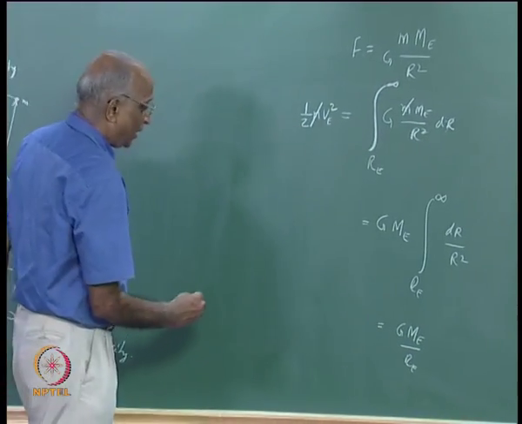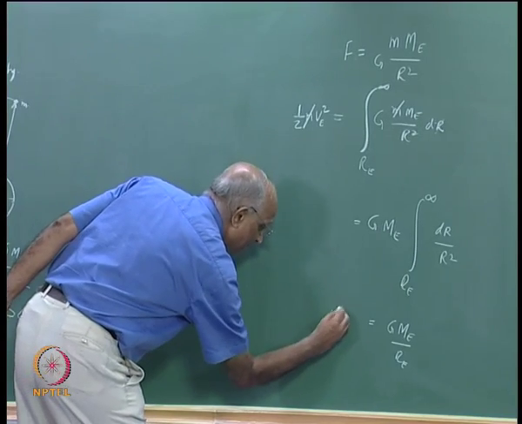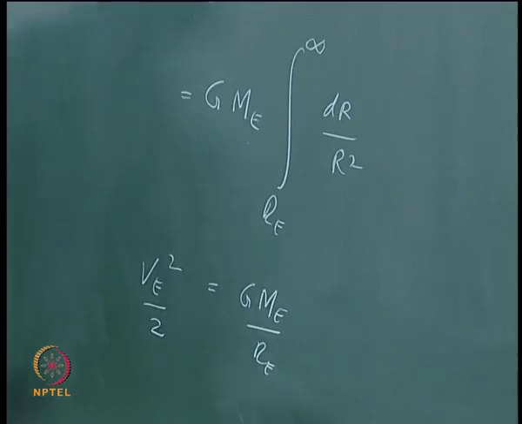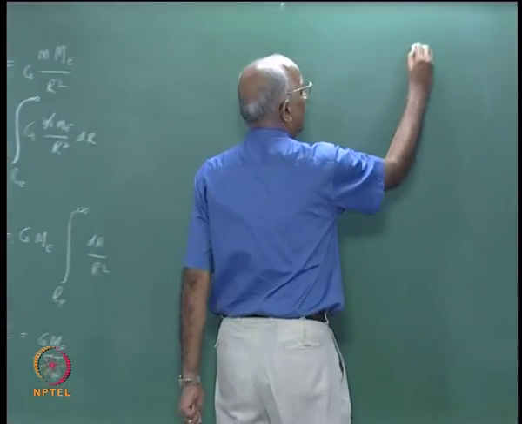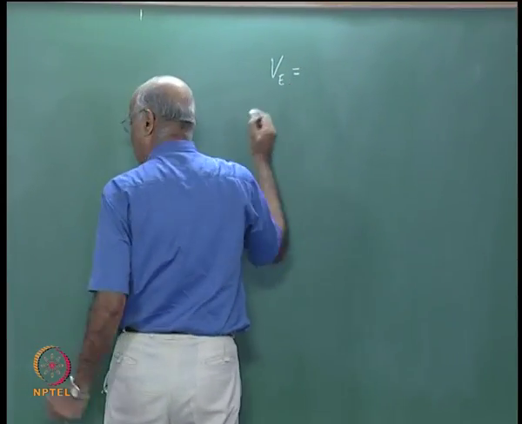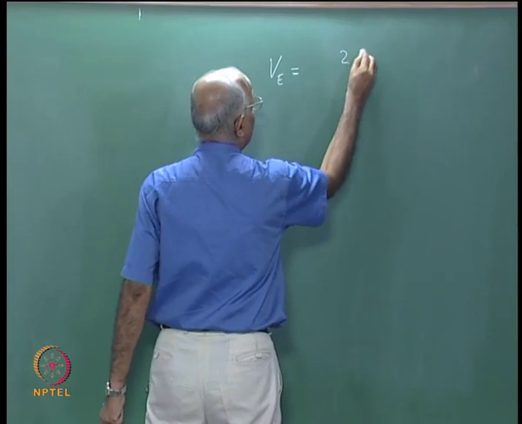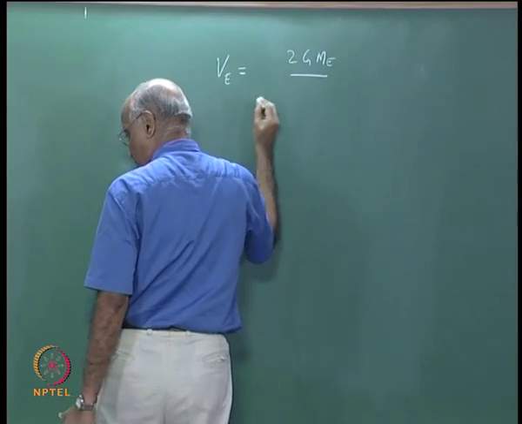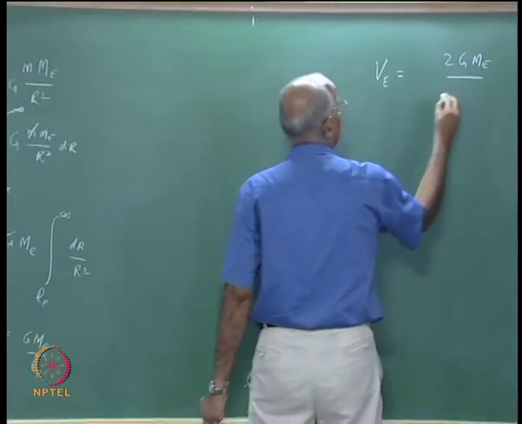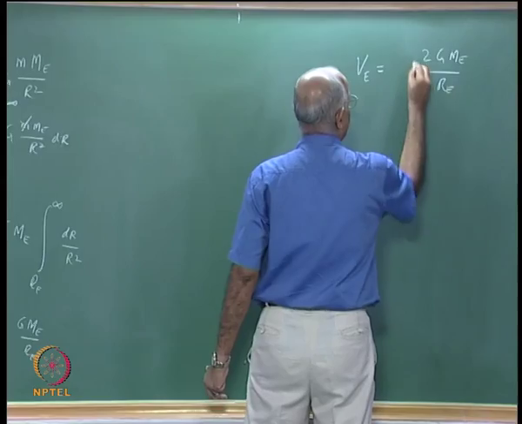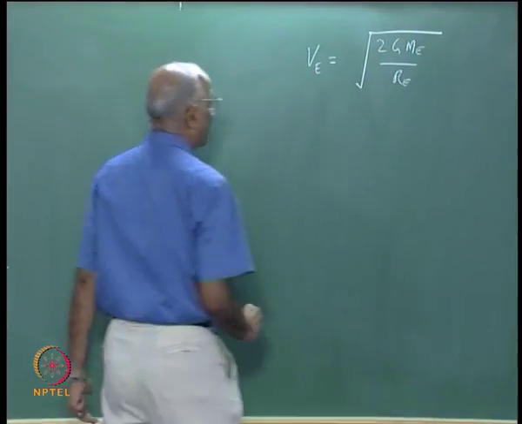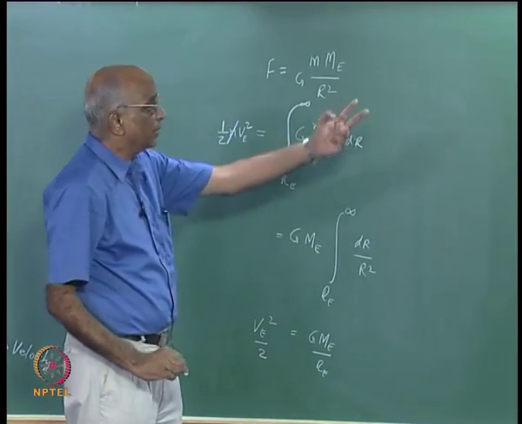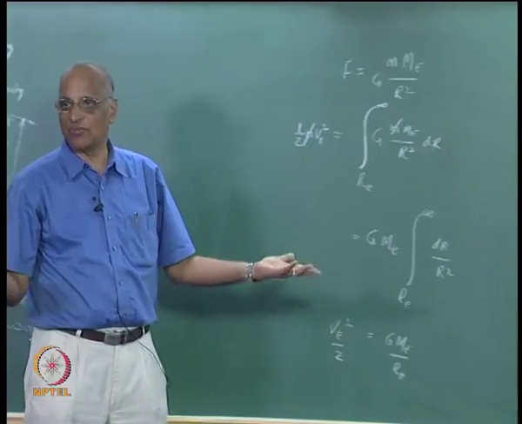And what is the value I get? This is equal to v_escape squared divided by 2, or rather I get the escape velocity v equal to the square root of 2 G M_e by r_e, the radius of the earth, and this is the escape velocity.